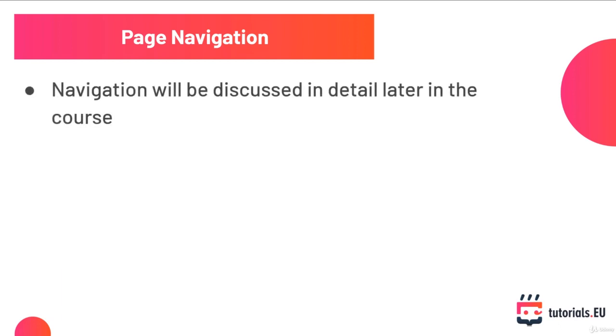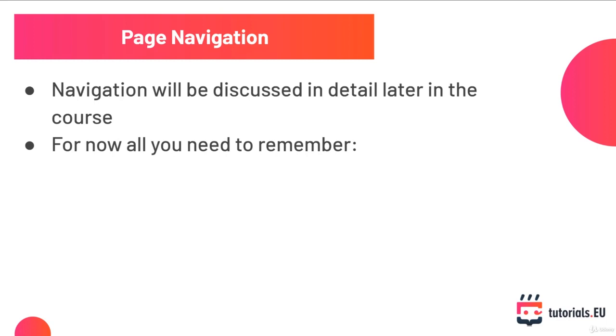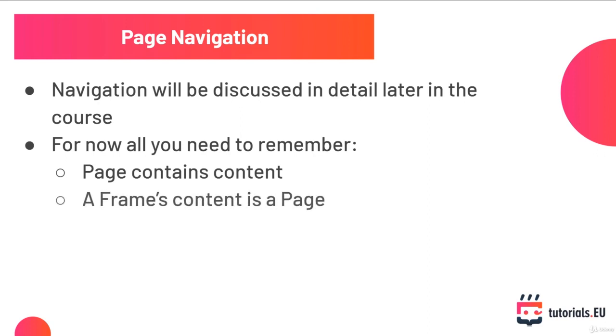Navigation will be discussed in detail when we come to the specific example where we're going to build a navigation system. For now, all you need to remember is that the page contains the content. The frame's content is a page, so the frame does not contain all the other content. It's the page that contains it, but the frame contains the page. So the frame is the parent of the page.